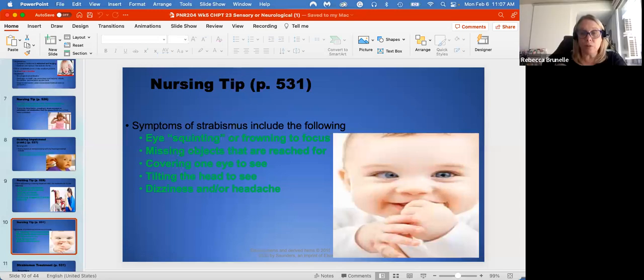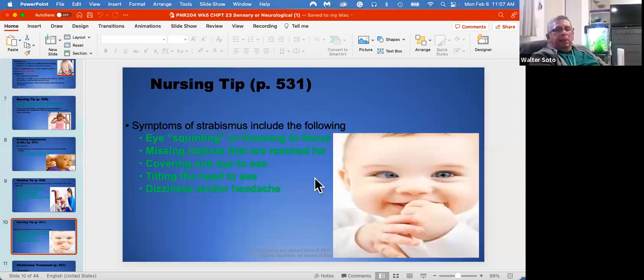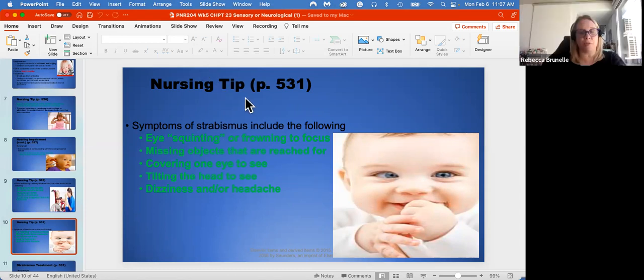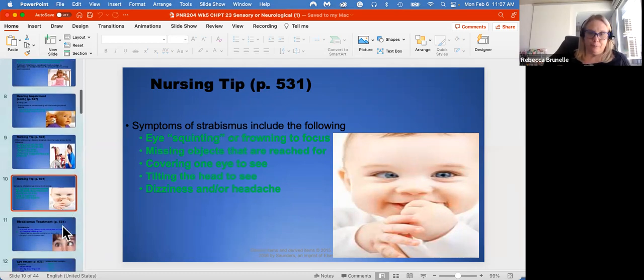Go ahead, Walter. Isn't the strong eye the one that sees better? Don't they put the patch on that eye? Yeah, they put the patch on that eye to force the brain to use the other eye. So kids are pretty miserable because they have two eyes and one of them doesn't work, and then you put a patch on the good eye and force them to use the bad eye. So yes.